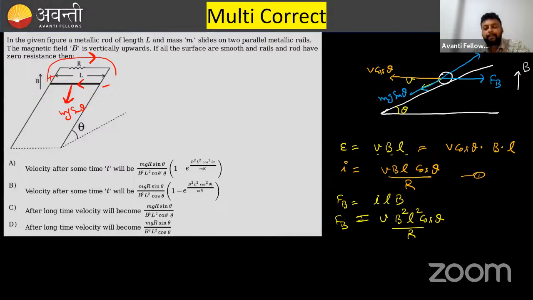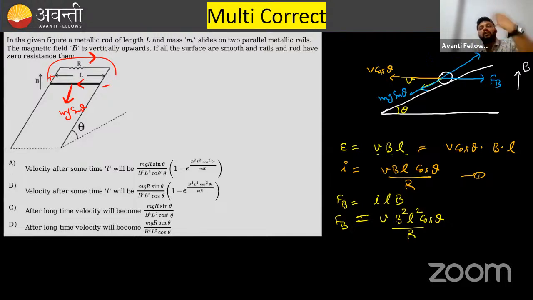Will anyone answer? This component of FB will be cos theta, sin theta or cos theta? Cos theta. Very good. Yes, cos theta, right? So what we can say is that in the equilibrium condition, mg sin theta is equal to FB cos theta.